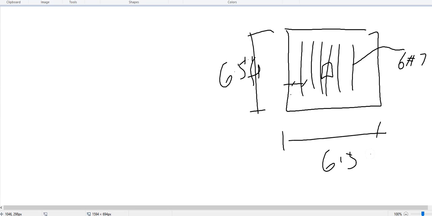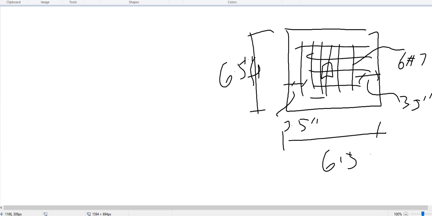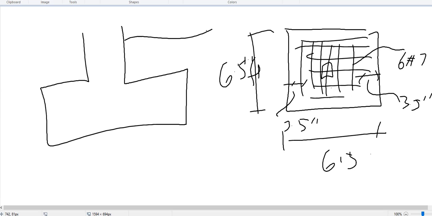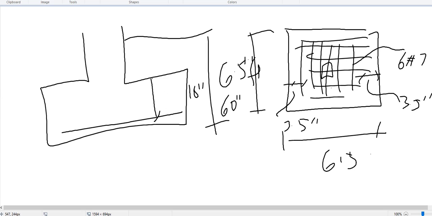Show that this portion is 3.5 inch. Here also 1, 2, 3, 4, 5, 6 bars, show both. Also show the profile clearly. This portion is 16, this portion is 18 inch, reinforcement will be here, this depth will be 13.5 inch, and that will also be 6 bars.